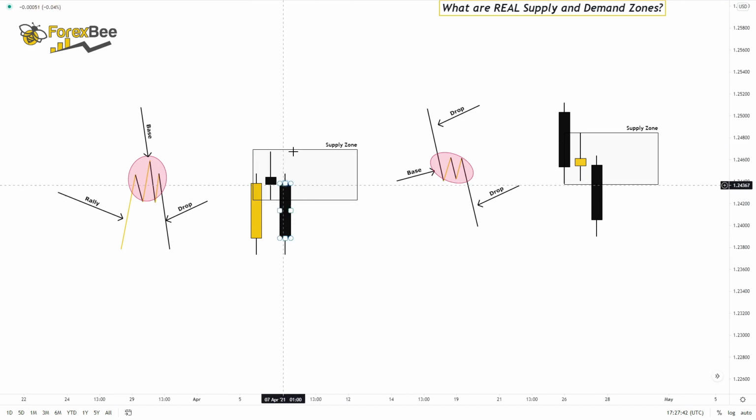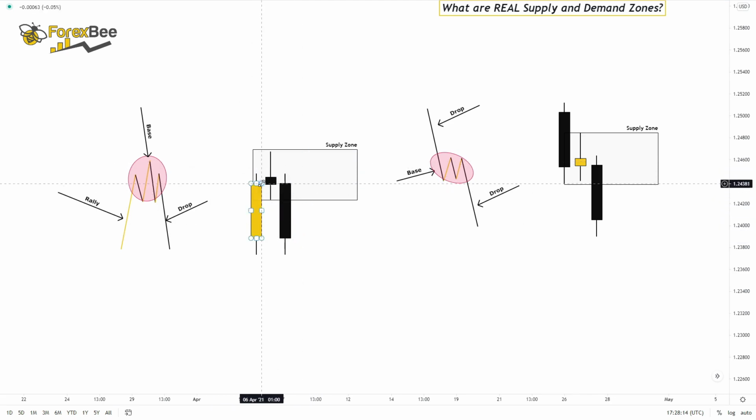So this supply zone is a rally base drop. What is happening here is the market is bullish, then the market is stable or balanced in the middle, and then the price drops. Here you can see the bullish trend, then it goes sideways, and then there's a bearish trend.